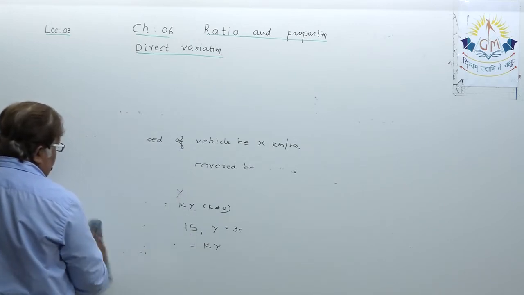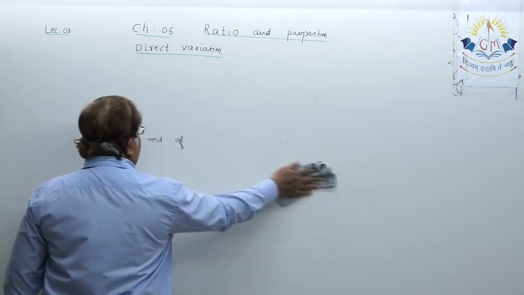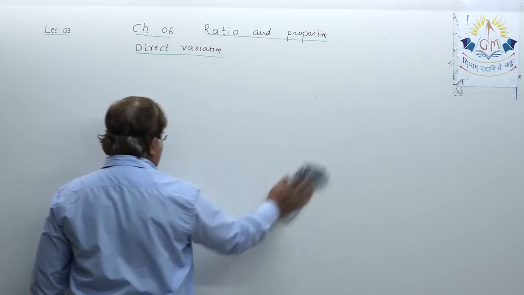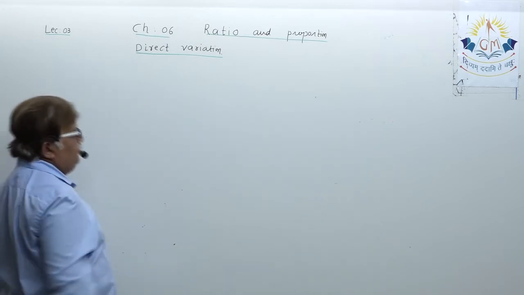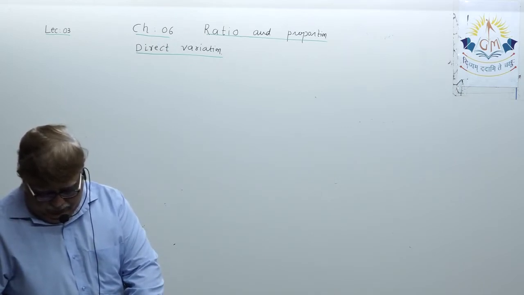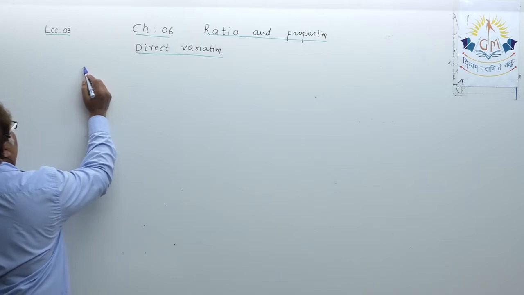Once I write the sum here, I am going to give a little time of thinking on how you will solve this. So let me write the sum. Third one.